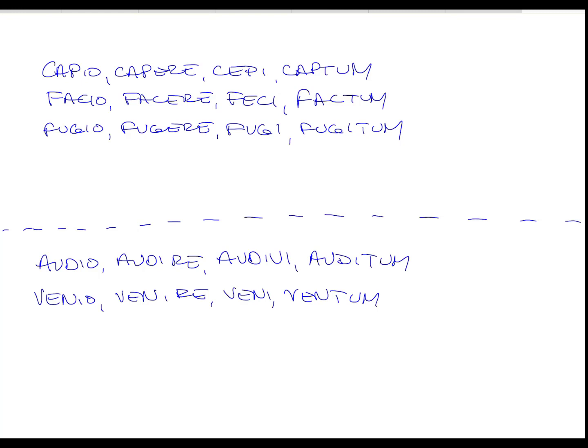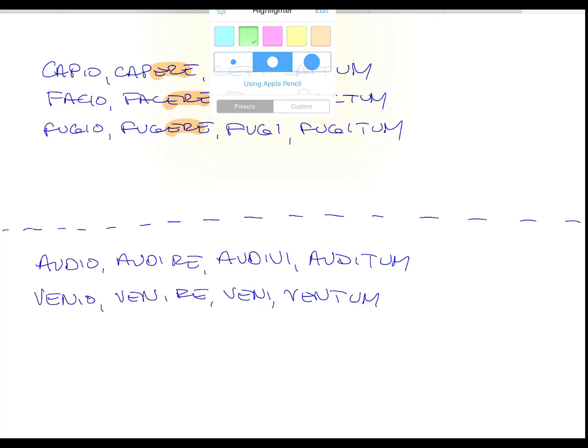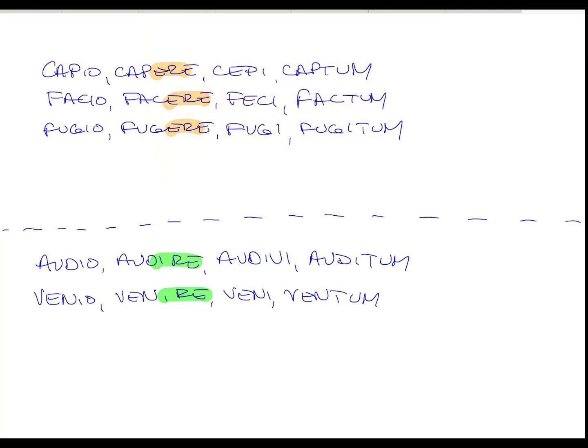And I hope that you can see that they are all EREs here. And the fourth conjugation is IRE. Okay? And yet they all have IO in the first principal part.